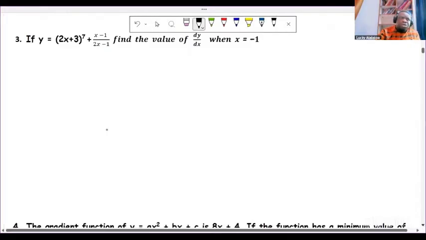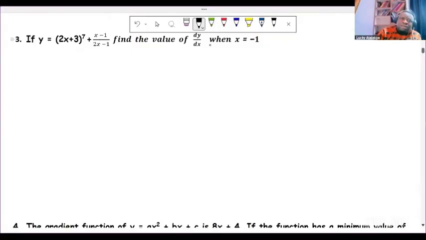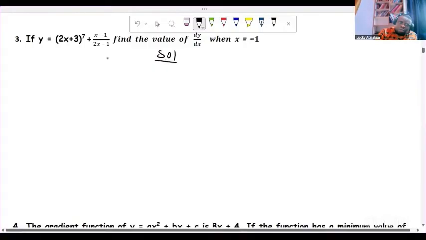The question here is, if y is (2x plus 3) to the power of 7 plus this, find the dy/dx at x equals minus 1. It's similar to what we've just done. So I'm going to write solution. So now for this, I'm going to write out my question.